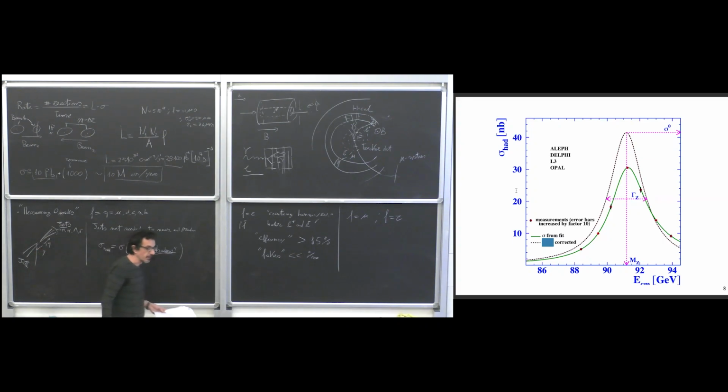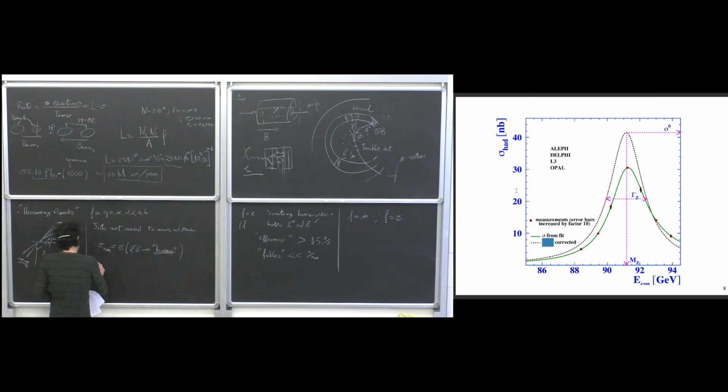And so they didn't need to reconstruct the jets. If they wanted to compute the asymmetry, which requires angular information or angular distributions like theta, then they would have required jet physics. But they didn't require jet physics to do this measurement.